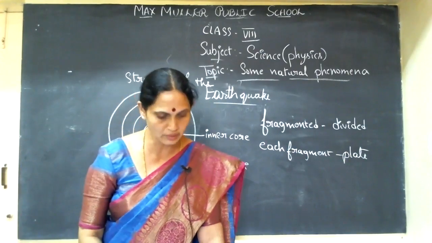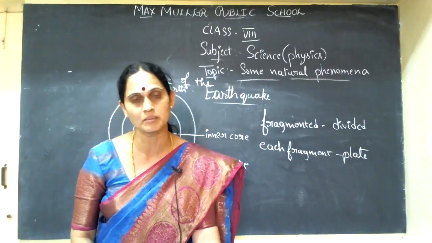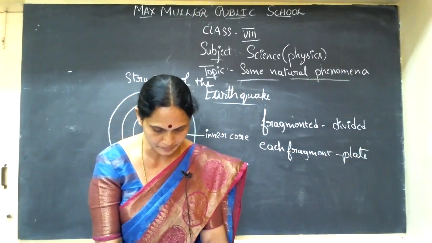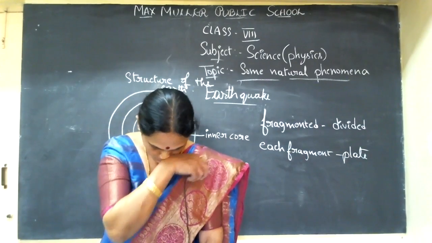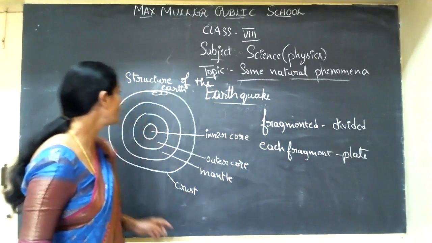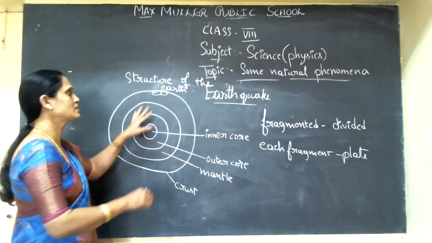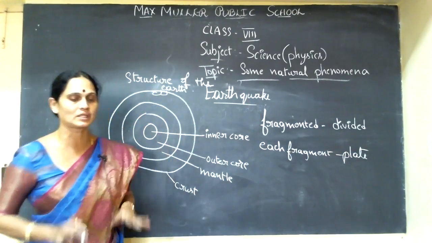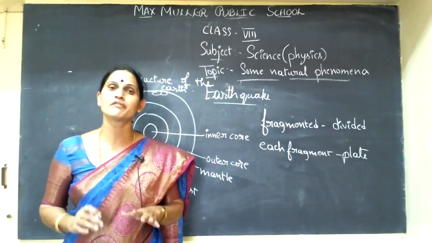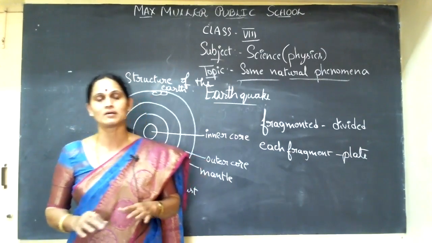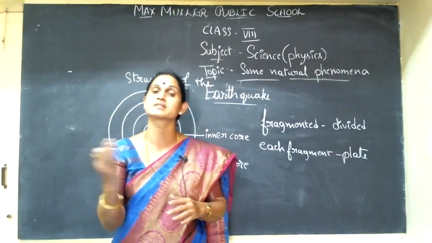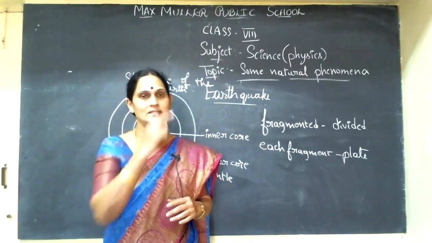If it is divided into plates, what causes the earthquake? See, we are all sitting and standing and feel nothing is moving, we are all safe. But actually, we are all moving. This Earth is revolving around the sun, right?